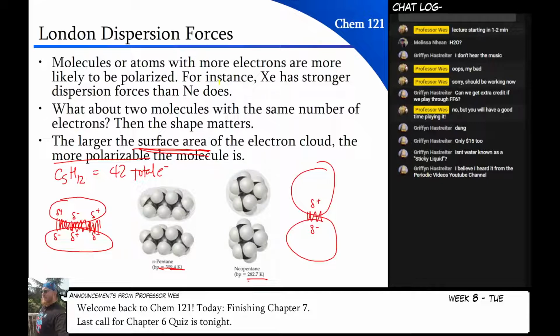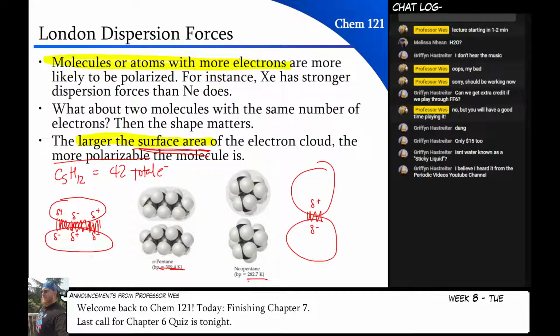So again, our factors that are going to matter for dispersion forces are how many electrons are there, and then in the case of two things with the same number of electrons, the larger the surface area, the higher the interaction of the intermolecular forces.